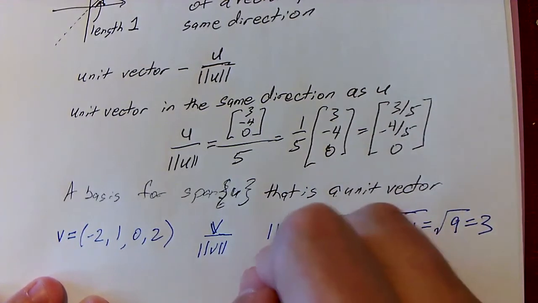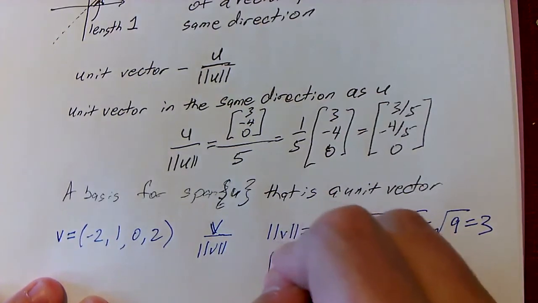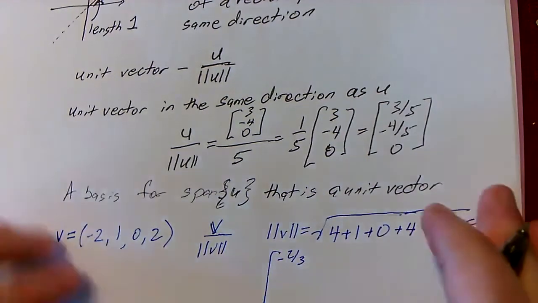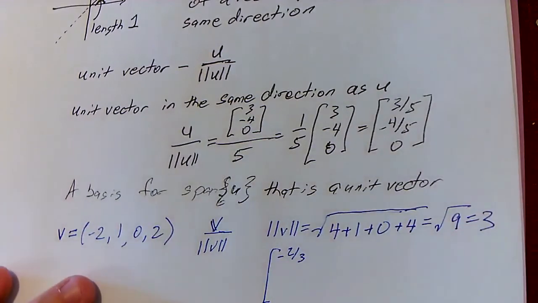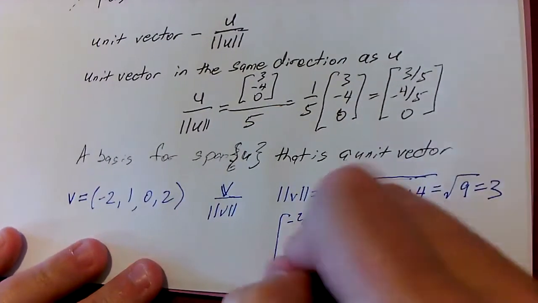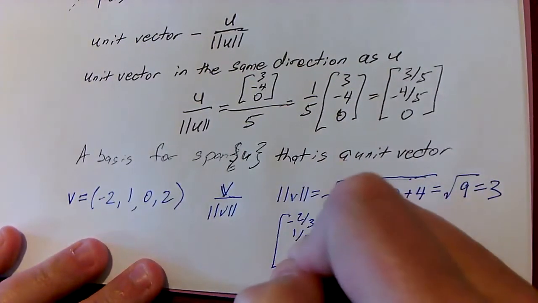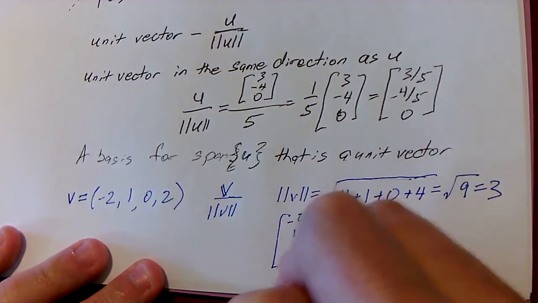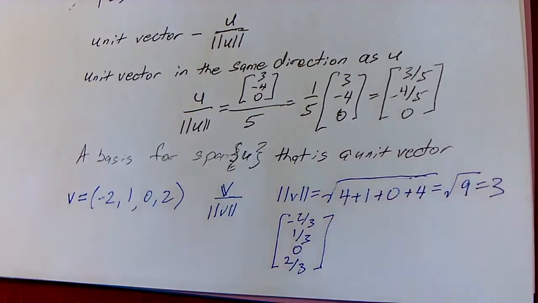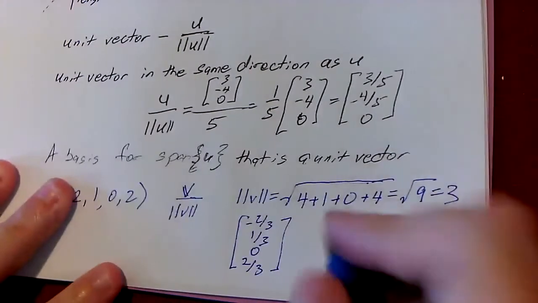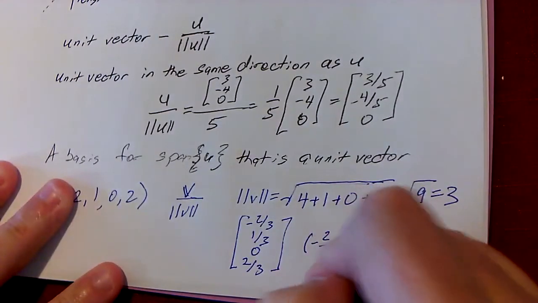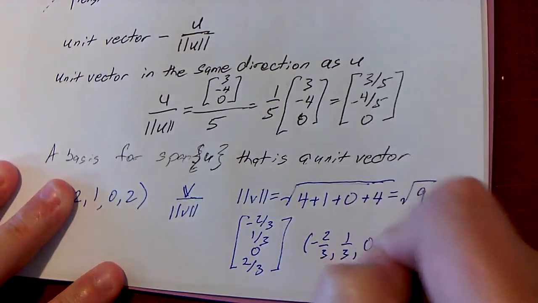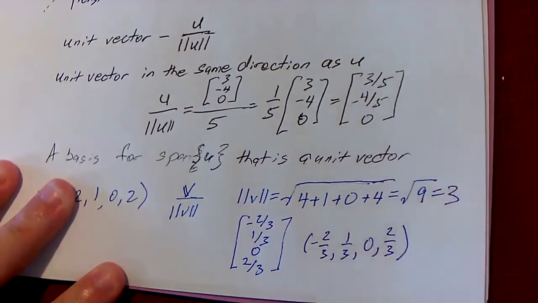So then my unit vector is going to be negative 2 over 3. Again, I'm taking my vector that I had originally and dividing it by the norm that I just found. 1 over 3. 0 over 3 is still 0. And then 2 over 3 for the last coordinate. And I could also write that in a horizontal format: -2/3, 1/3, 0, 2/3.